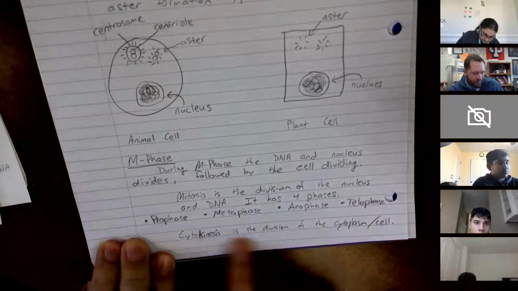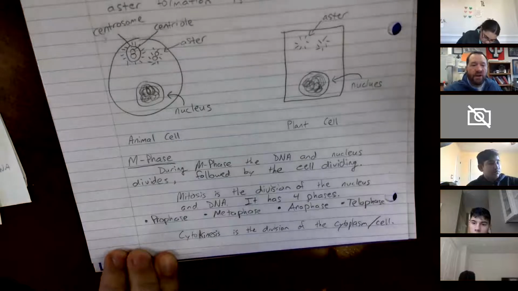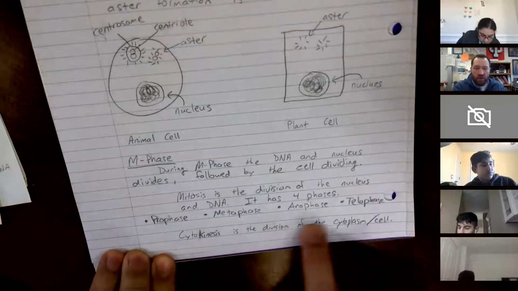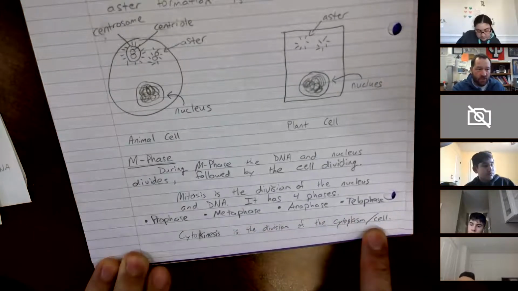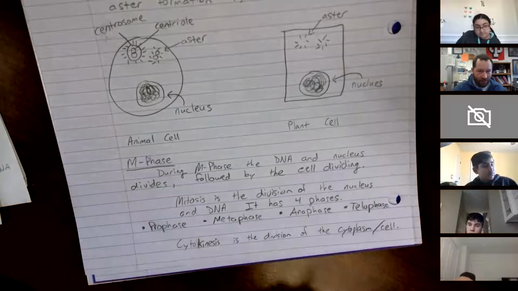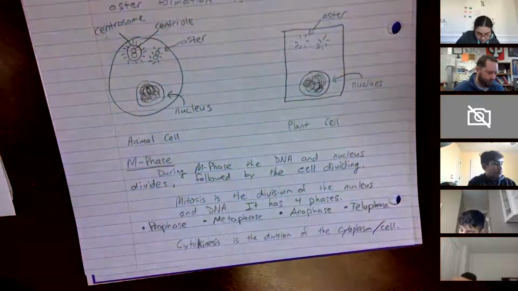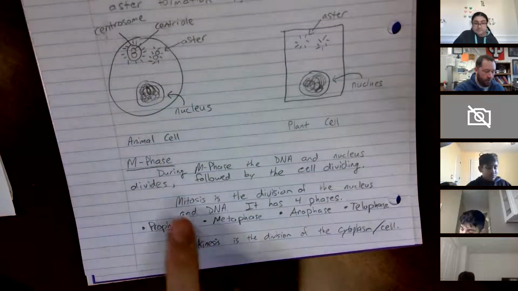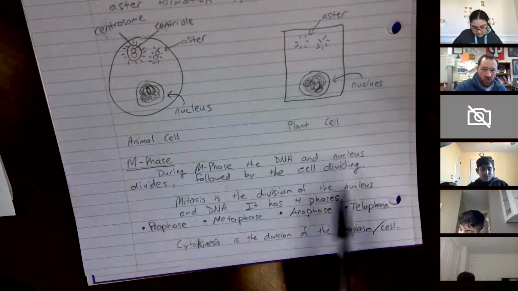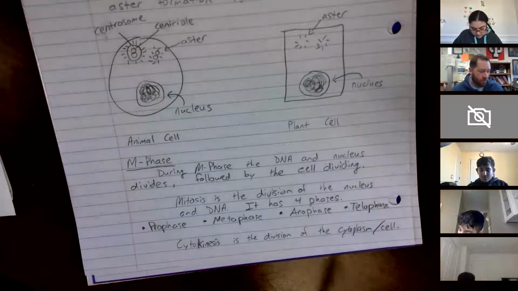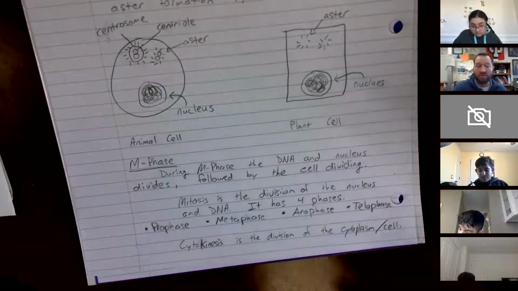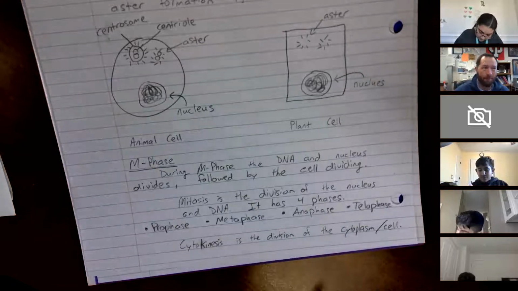Cytokinesis is the second part of M phase, and that's the division of the cytoplasm and cell. So that's the rest of the cell pinching in half and going from 1 to 2. Again, mitosis is really only the division of the nucleus and DNA. Cytokinesis is where the rest of the cell splits in half.